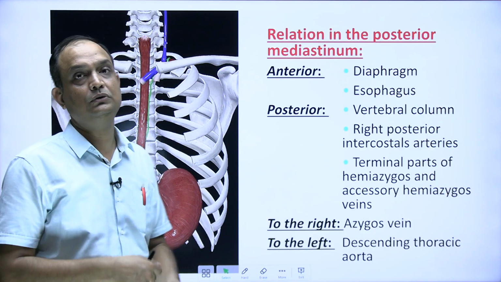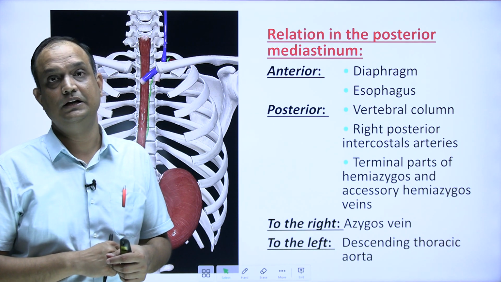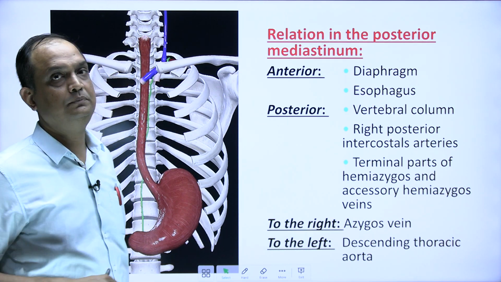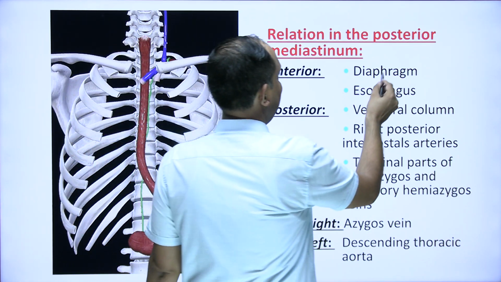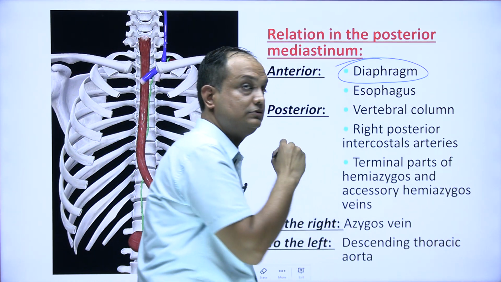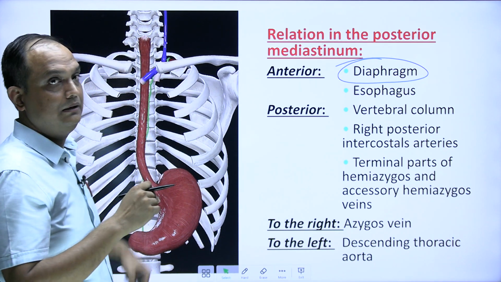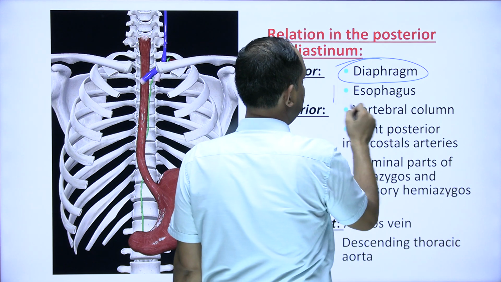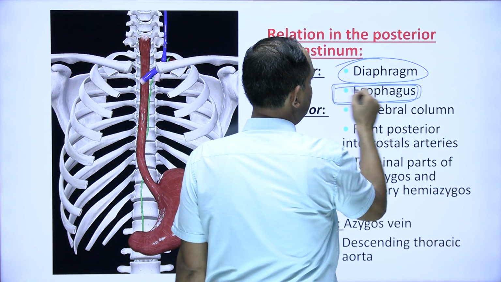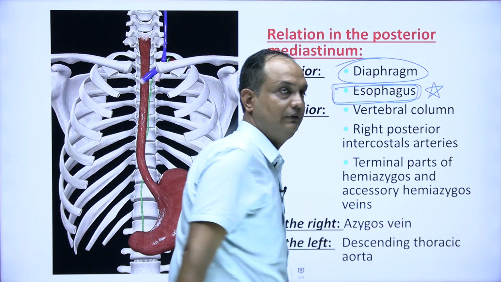Now, we will come to the relations in the posterior mediastinum. Anteriorly you will have the diaphragm in the lower part. It is not present in the whole length, only in the lower part you have the diaphragm, but in the upper part an important relation is the esophagus.